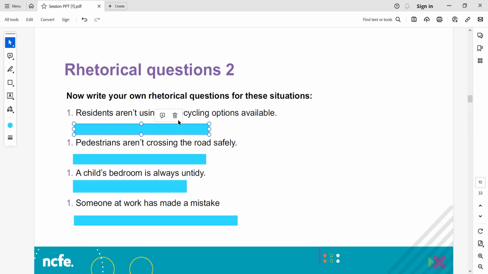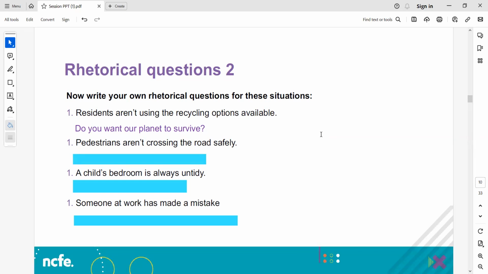So let's look at the answer to this one to give you an idea of what you're being asked to do. In that situation of residents not recycling, this is a task that you could get asked to do in your test. Write a leaflet to encourage residents to recycle.